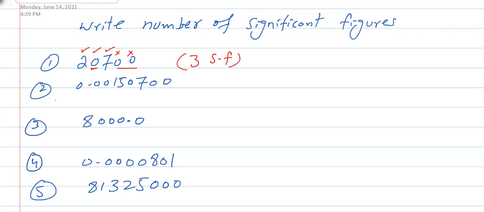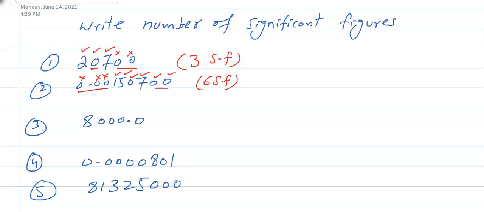Second one is a leading zero, clearly not significant. Now non-zero, non-zero, non-zero, significant. Zero but trapping, significant. Ending zero, but this time it's a decimal number, so significant. So how many significant? 1, 2, 3, 4, 5, 6. So I will say 6 significant figures.